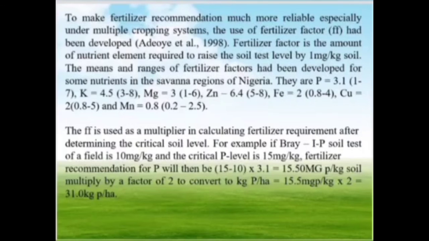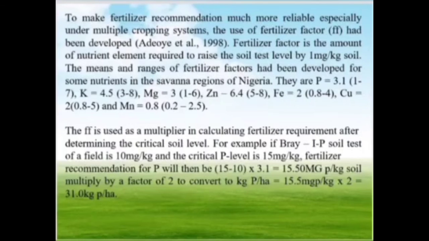For example, if the Bray 1 P soil test of a field is 10 mg per kg and the critical P level is 15 mg per kg, the fertilizer recommendation for P will be 5 times 3.1 equals 15.5 milligram P per kilogram soil.